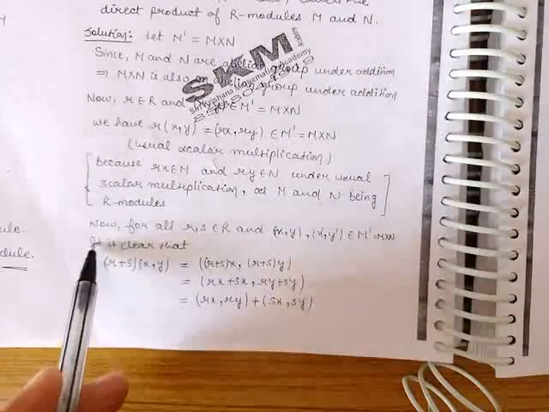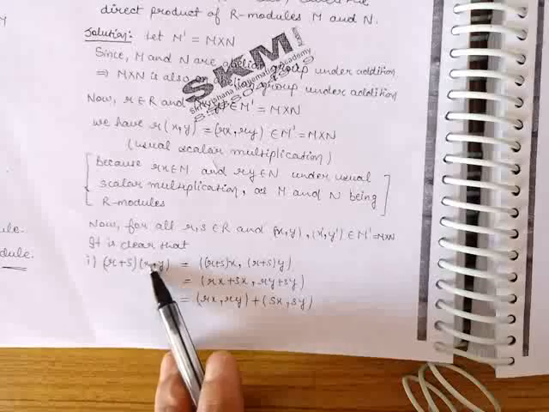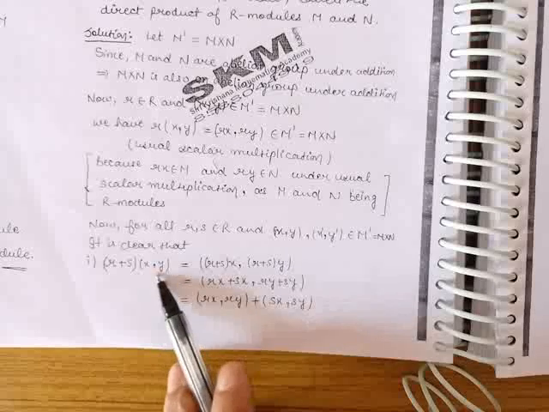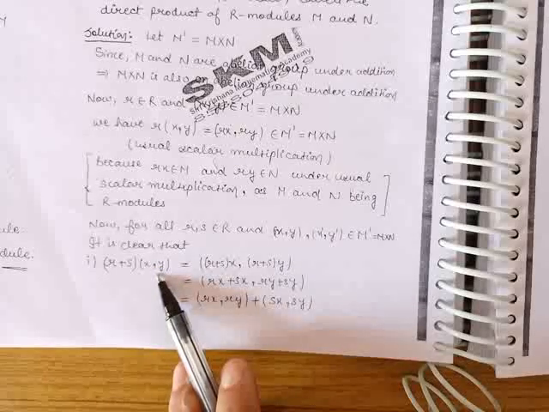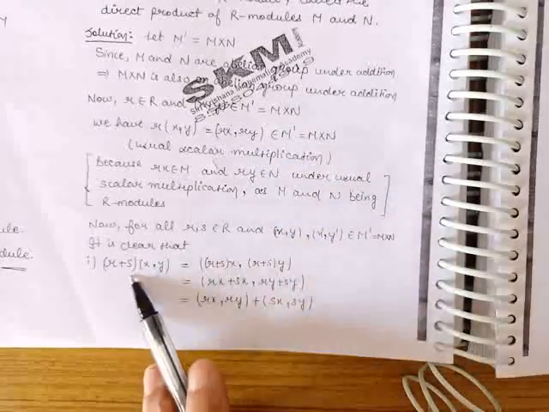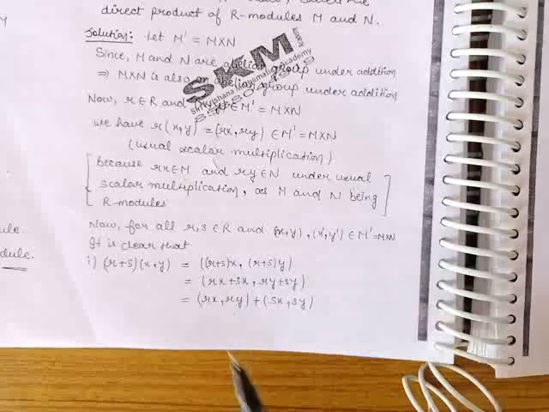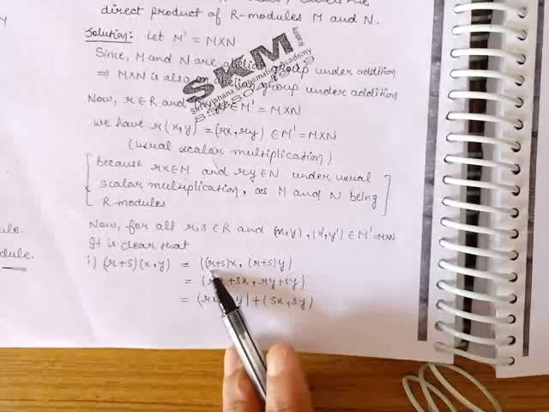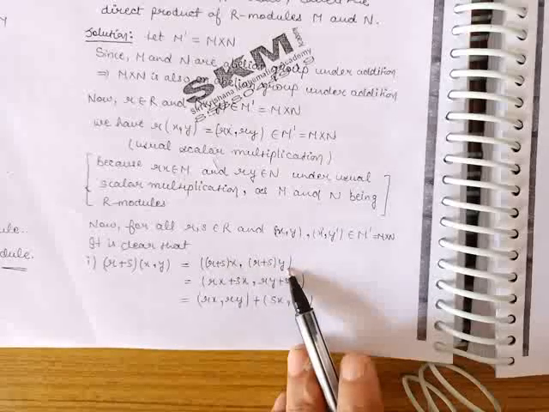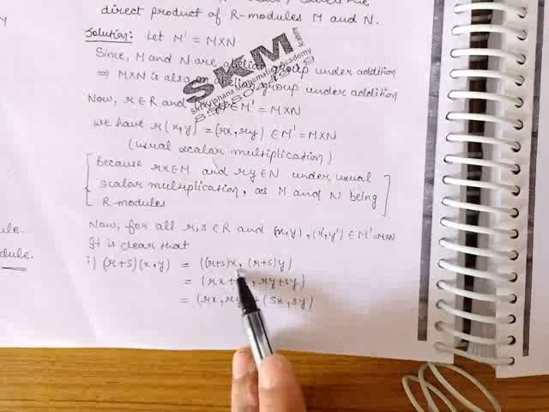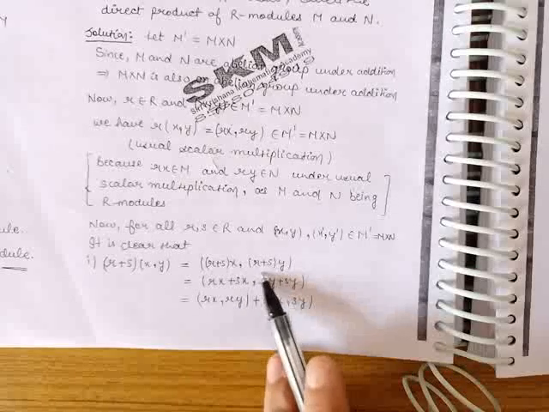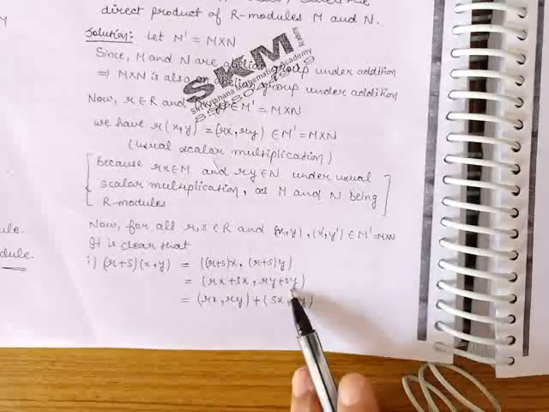In the first condition, we have taken two scalars r and s from the ring R, and an ordered pair formed by the elements x and y belonging to M cross N. By definition of our scalar multiplication, this can be written as the ordered pair formed by (r plus s) into x and (r plus s) into y. Because M is a module, this can be written as rx plus sx, and because N is a module, as ry plus sy.